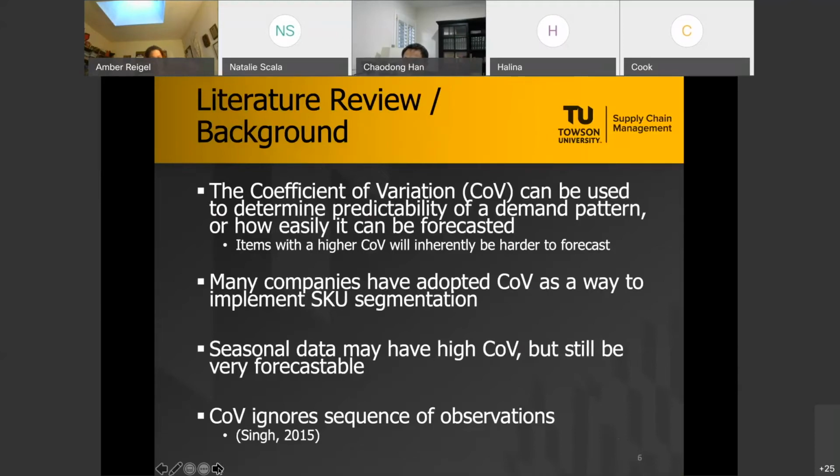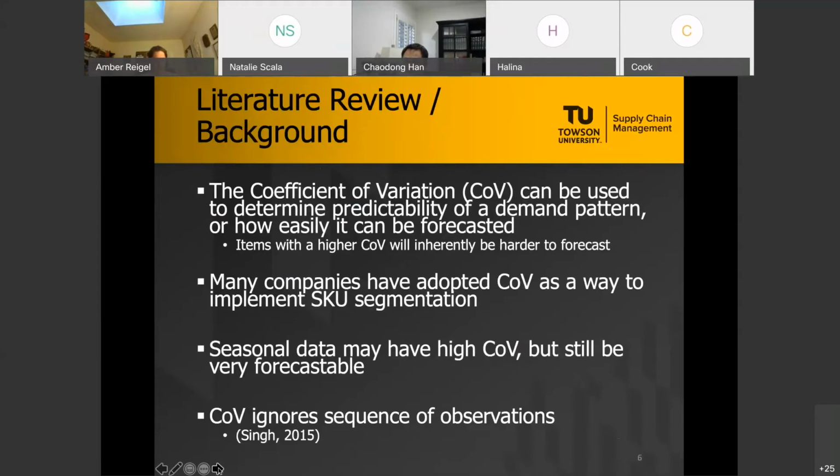And then just a couple caveats: seasonal data will have a high COV, but may still be very forecastable. So for example, at my company, we have outdoor products like lawnmowers, string trimmers. So they're going to show a lot of variation because we sell way more in the spring than we do in the winter. But it doesn't mean that they're hard to forecast.